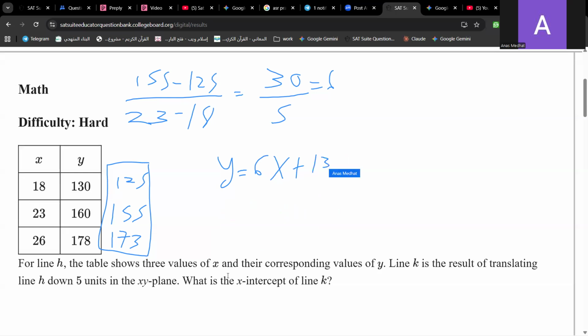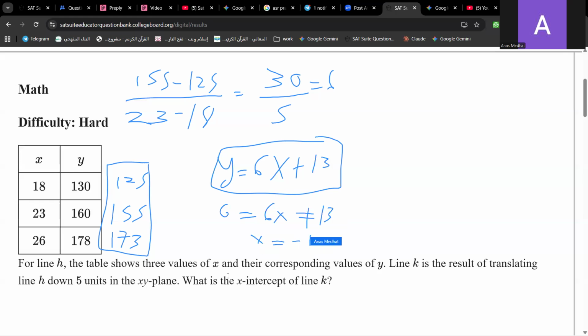Okay. So now we have the line. All you have to do is substitute y with 0 and get the x to get the x-intercept. So x equals negative 13 over 6.